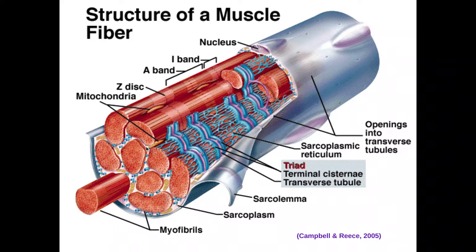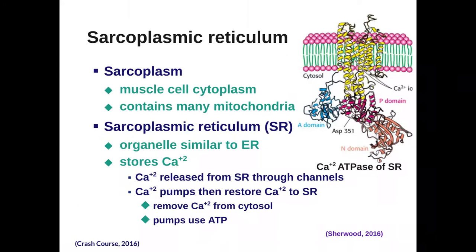Muscle cells have tons and tons of mitochondria, so I'll point out a couple of those; there's one labeled here as well. The sarcolemma would be what wraps around that. All right, so the sarcoplasm is essentially the muscle cell's cytoplasm, and this is going to contain many mitochondria. It's very, very important that a muscle cell has a lot of mitochondria. Mitochondria's chief job is to create ATP through cellular respiration.